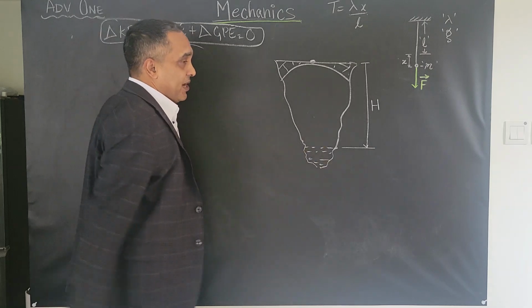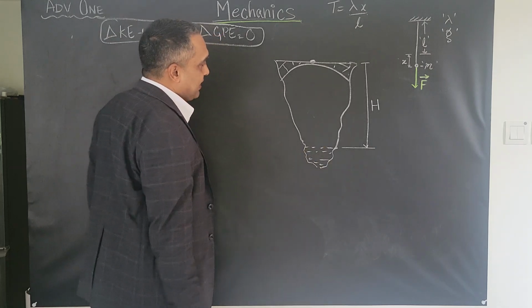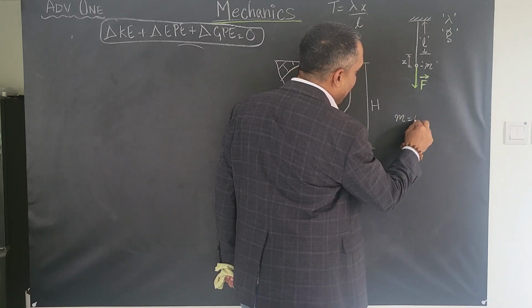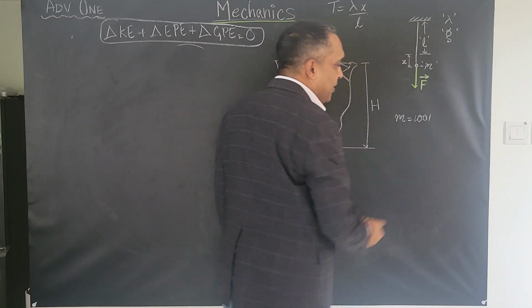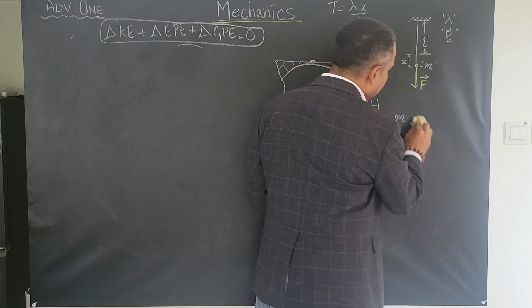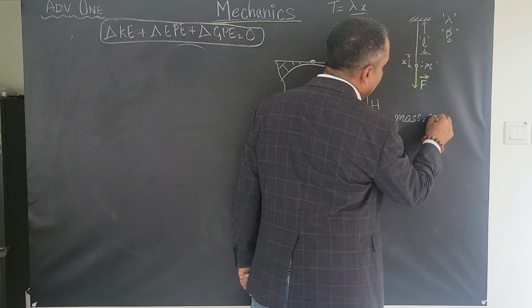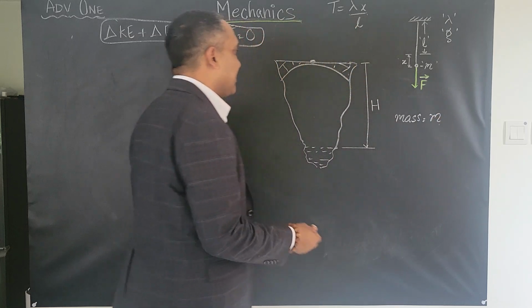I'm not going to allow anybody who has a mass higher than 100 kilograms. So my max mass is, let's say, 100 kilograms. Actually, for the purpose of this, let's just say mass is m. This is a good way to do this exercise. Mass is m.